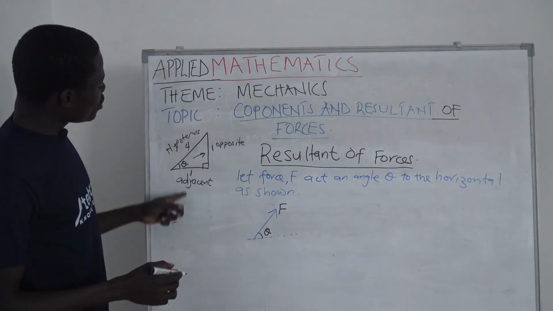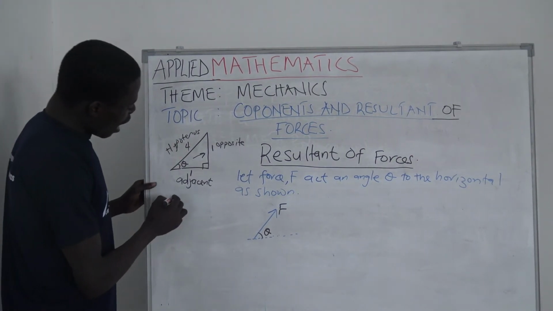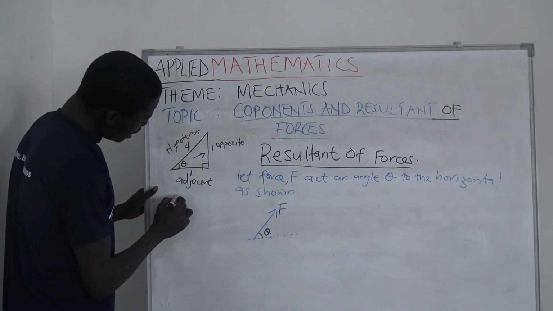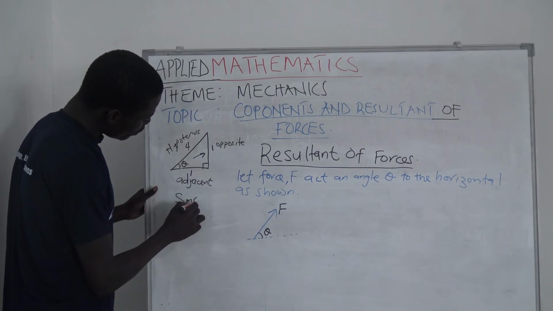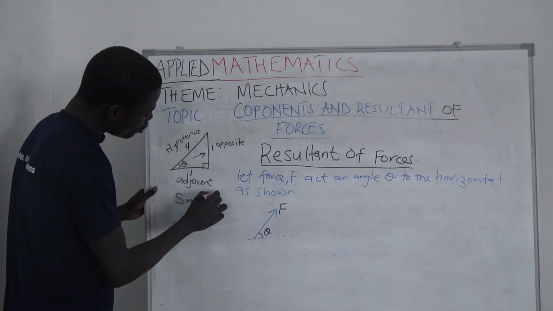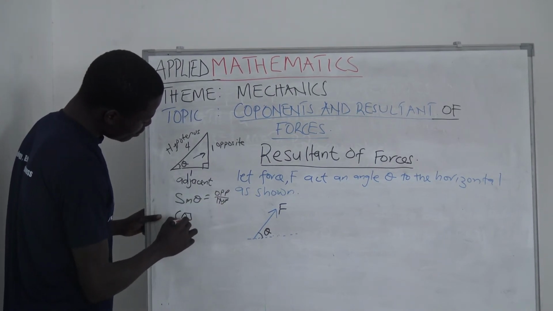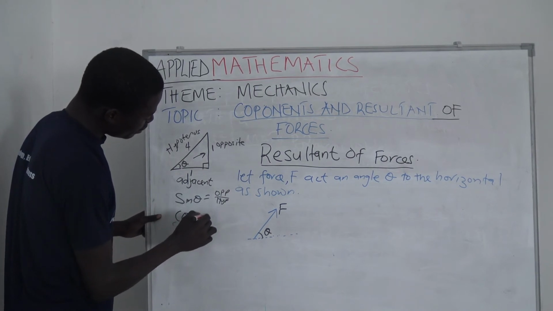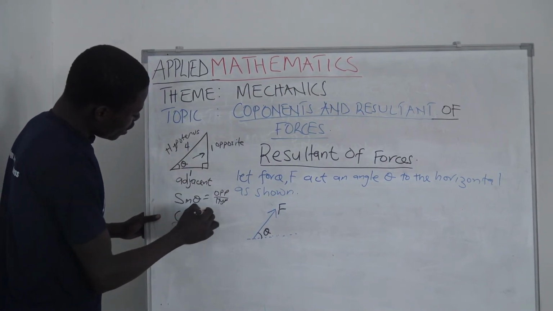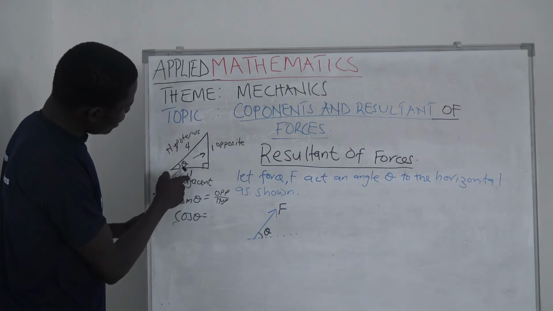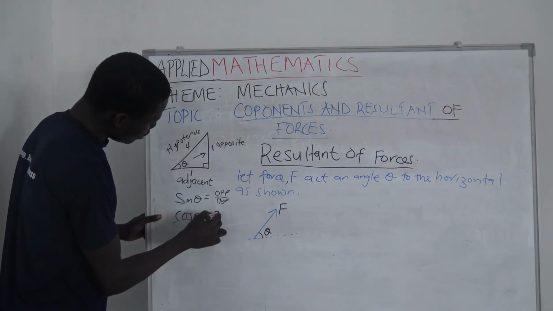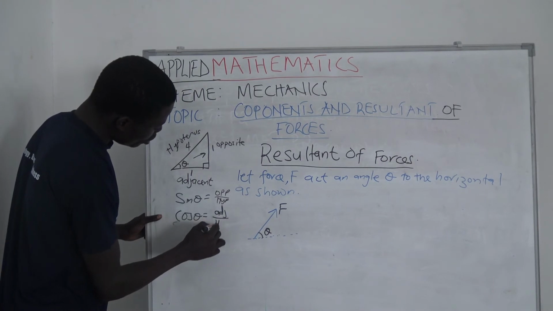So from this one, we say that sine of the angle is given by opposite out of hypotenuse, and cos theta is given by adjacent out of hypotenuse.